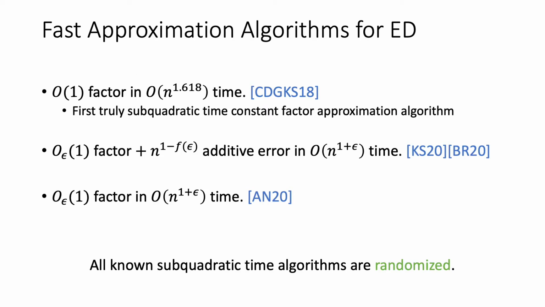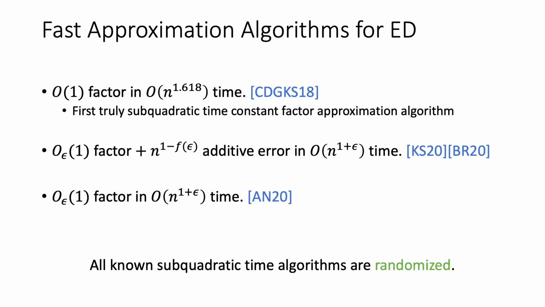A recent line of work gives breakthroughs in fast approximation algorithms for edit distance. Chakraborty et al. first gave a constant factor approximation algorithm for edit distance in truly subquadratic time. It is further improved to near linear time by Andoni and Nosatzki.